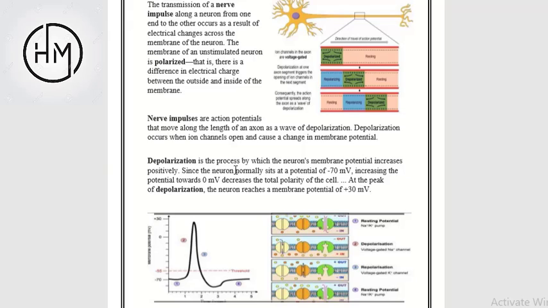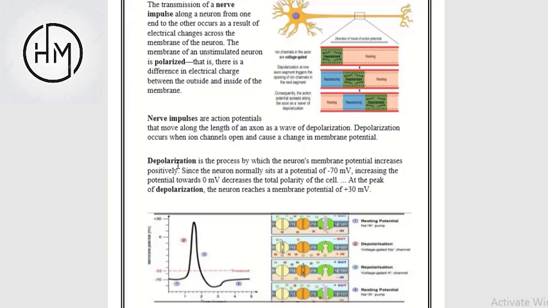In this state, the neuron membrane potential increases positively, because in the polarization or resting state, the potential is negative 70 millivolt.